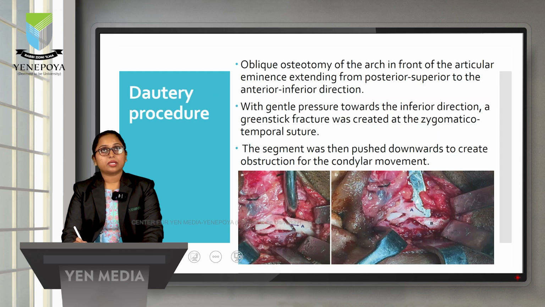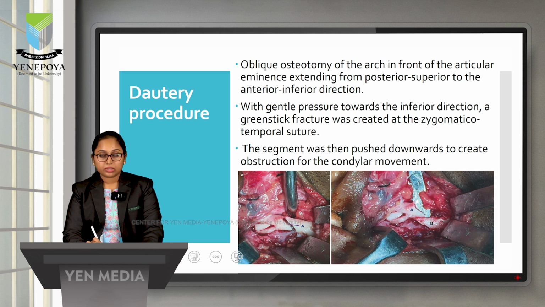Next one is Daughtry procedure. Daughtry procedure, which was advised by Daughtry, is a technique in which an oblique osteotomy is placed on the zygomatic arch in front of the articular eminence, extending from the posterior superior to the anterior inferior direction, as shown here.